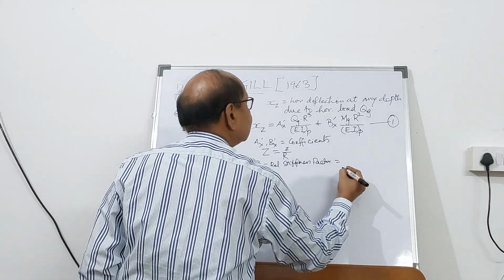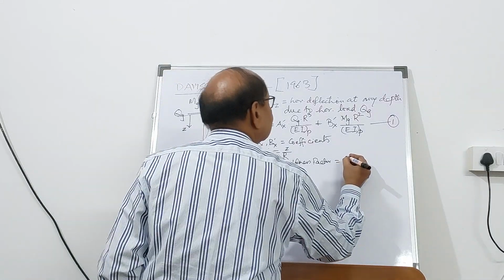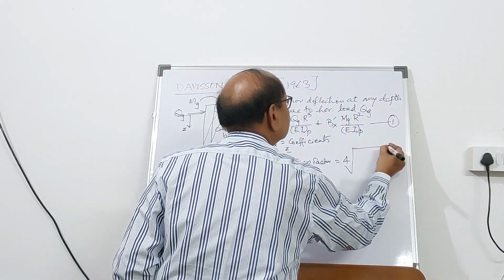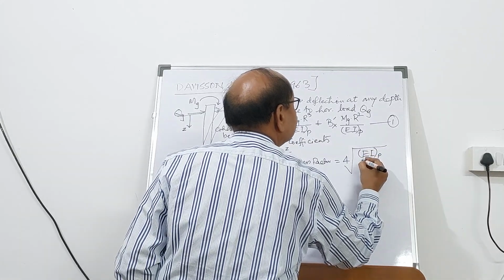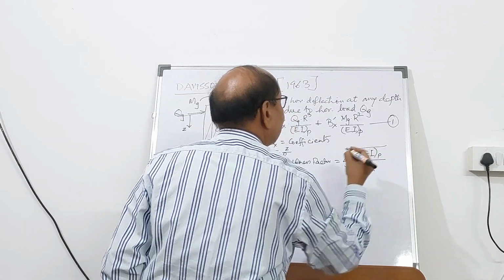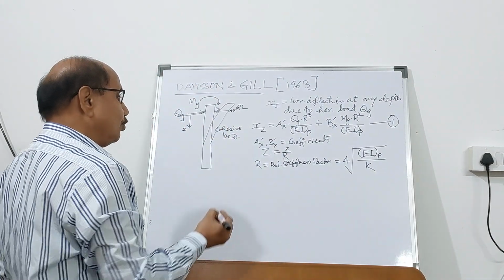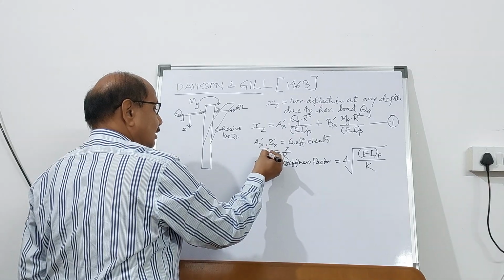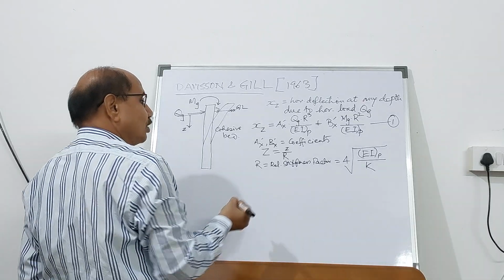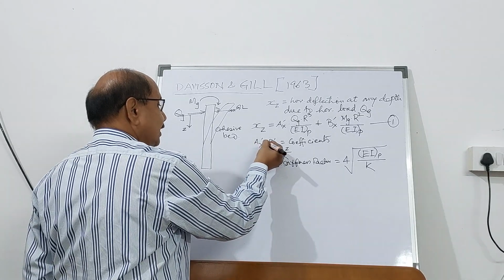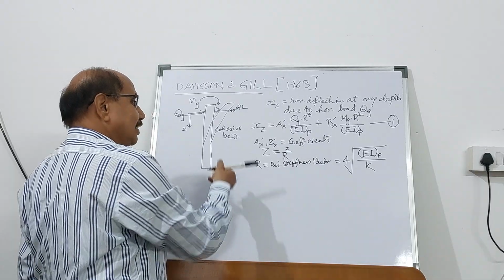And this can be easily calculated as the fourth root of EI of pile material, flexural rigidity of the pile material, divided by K. So by knowing the value of capital Z, you can find out the coefficients Ax bar and Bx bar for the deflection.